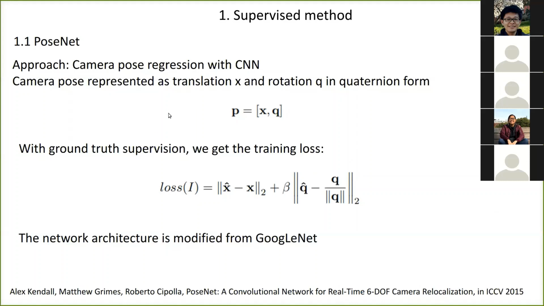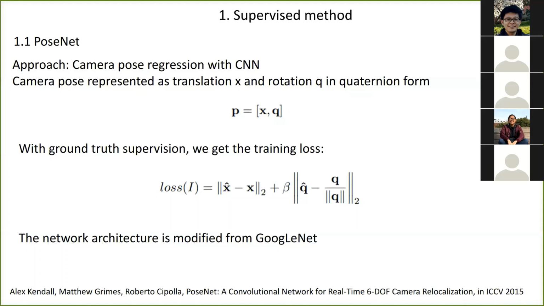So the idea behind this algorithm is to use a convolutional neural network that takes an image as input and regresses the camera pose. Okay. And then, since it's a supervised approach, we have the ground truth camera pose and use it as supervision.